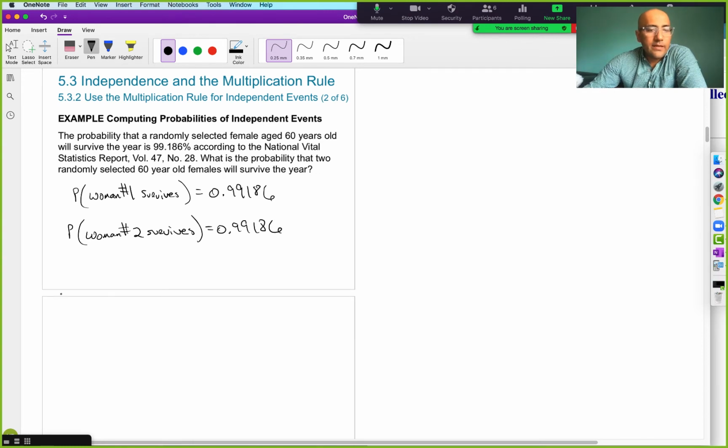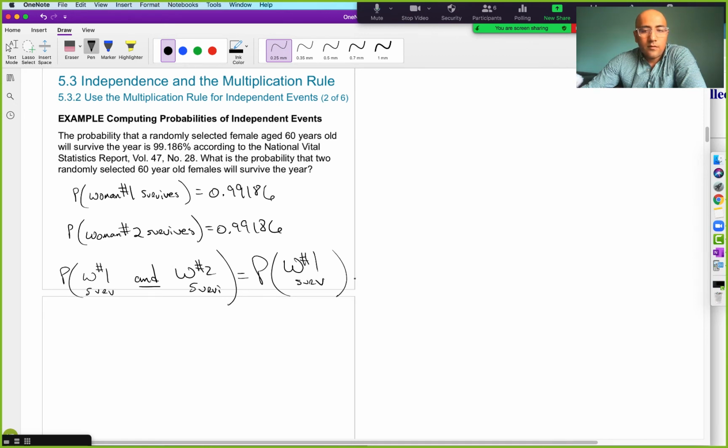And these two events are independent, so the probability that woman number one survives and at the same time woman number two survives is equal to the probability that woman number one survives times the probability that woman number two survives. Okay, that's what we want to know. What is the probability that the two randomly selected 60-year-old women will survive the year? Right? And that's because they're independent.